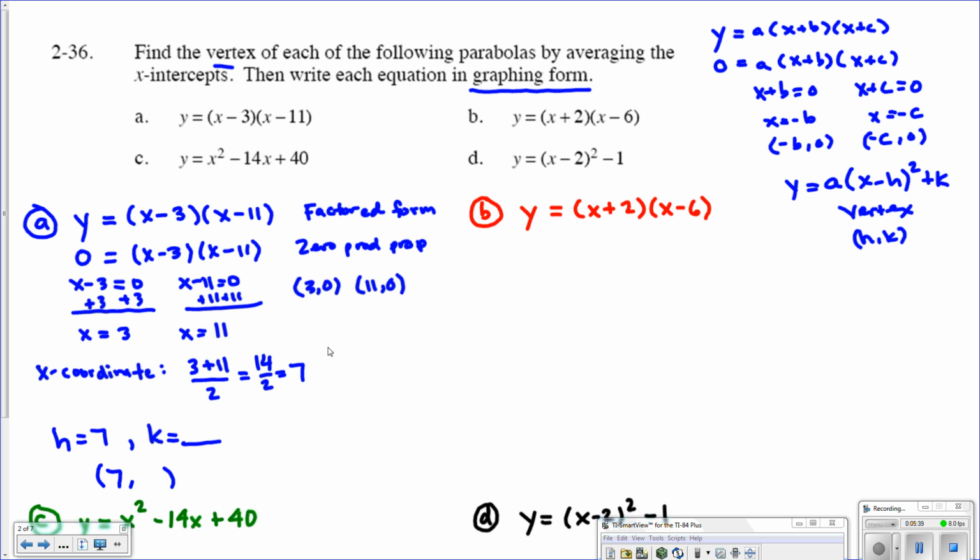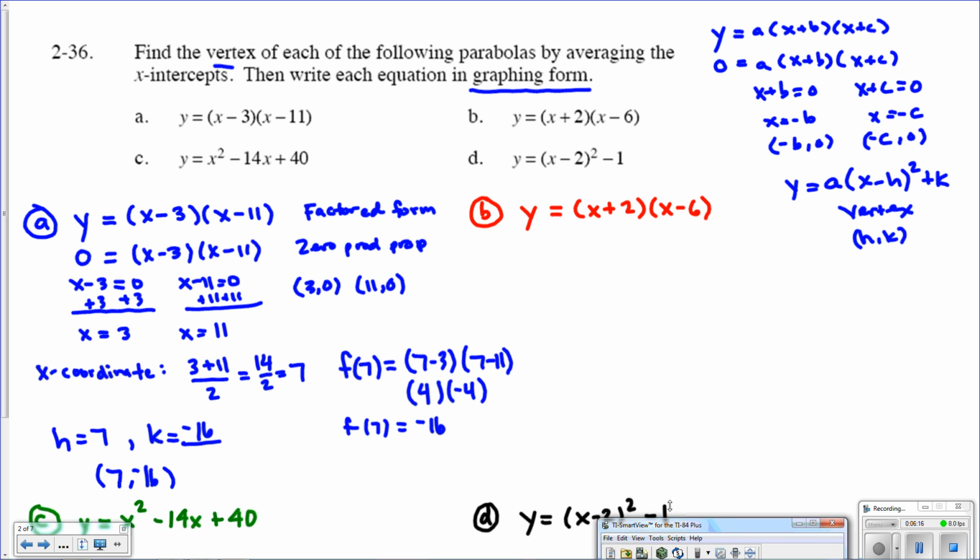Let's do the function f of 7 should equal 7 minus 3 times 7 minus 11. 7 minus 3 is 4. 7 minus 11 is negative 4. So we multiply that, we should get that f of 7 should equal negative 16, which means that is what our k value should be, negative 16.